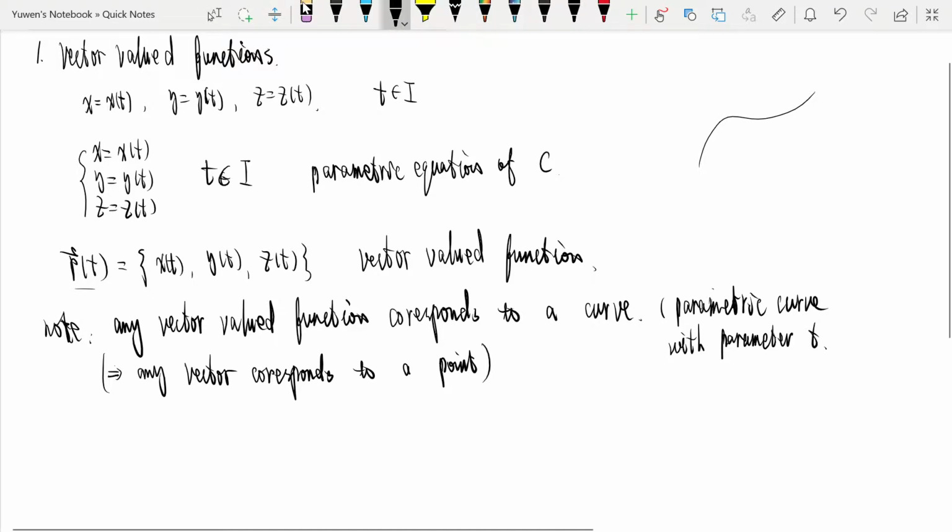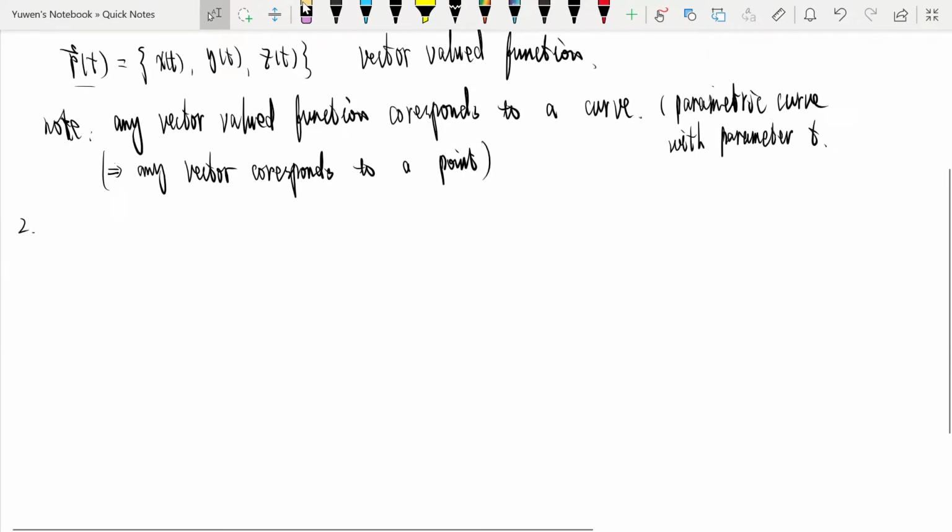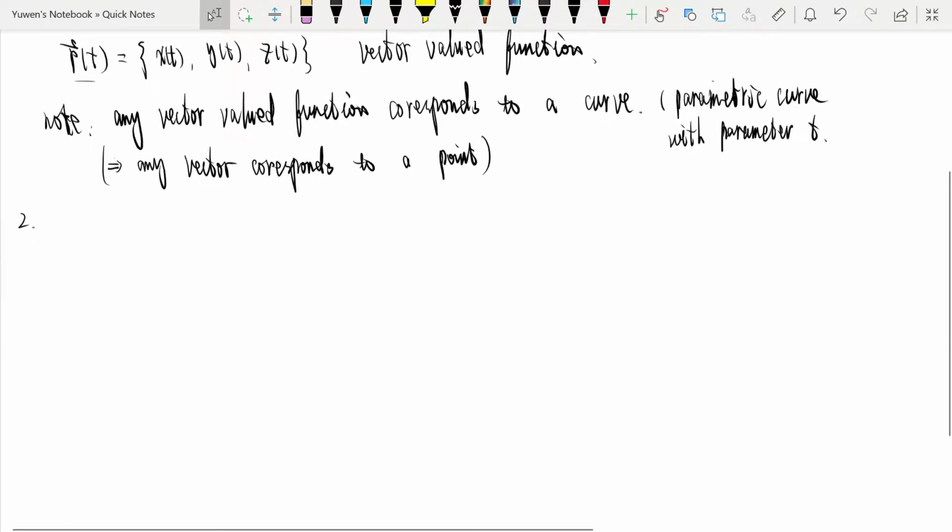First, let's define the limit of a vector valued function.